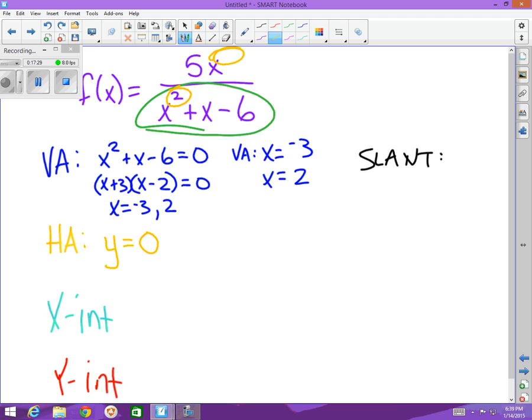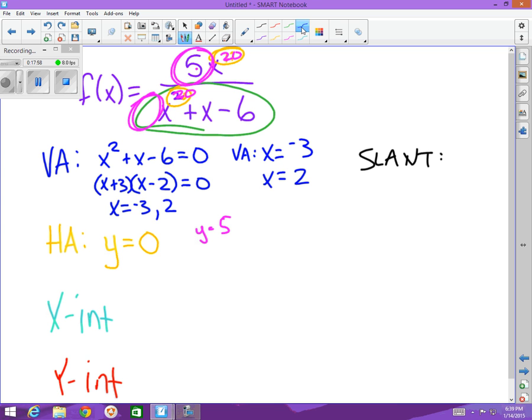Doesn't matter if this is 20 and that's 17. As long as the bottom one's the bigger one, it's 0. Doesn't change. Now, if this were 20 and that were 20, when they're the same, then you have to look at the leading coefficient of both things. And in this case, it's 5 over 1. So then you'd have y equals 5 as your horizontal asymptote.